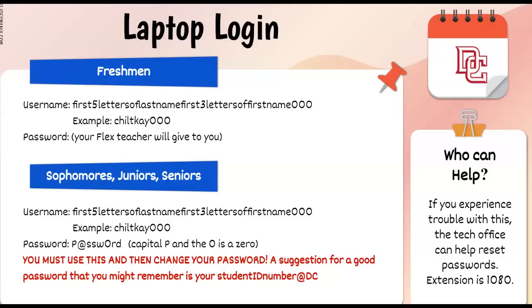Another tip for if usernames are not working may be if you don't have 5 characters in your last name or 3 characters in your first name. An example might be if your last name is Day, D-A-Y, that is only 3 characters.